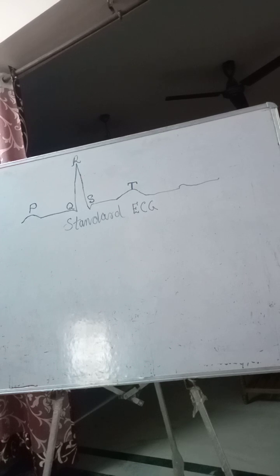So here also, the T wave marks the end of the systole, as repolarization is taking place here. It will come back to its normal position, and the wave will end. The end of the T wave marks the end of systole in the ventricles.